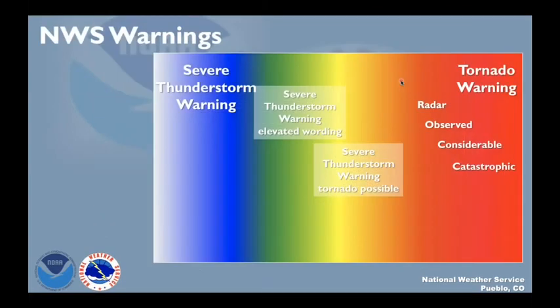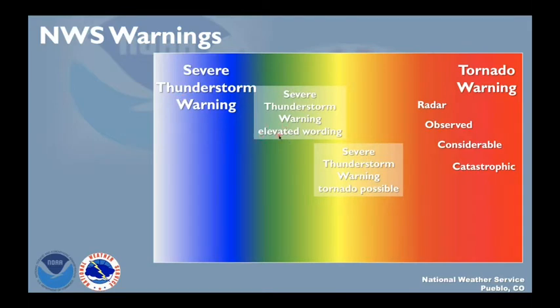So as I alluded to earlier, the type of verbs and the type of messaging that we send out is really dependent on what we know for sure is happening in these storms. So with severe thunderstorm warnings, we can elevate the wording.